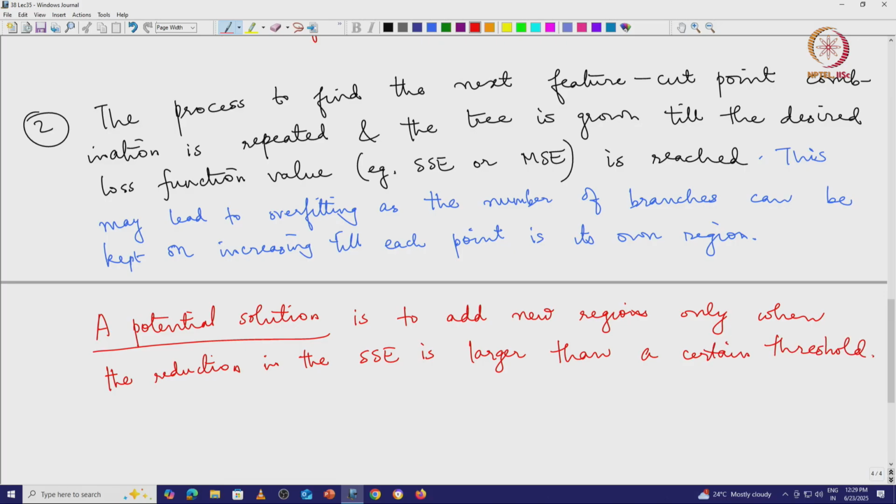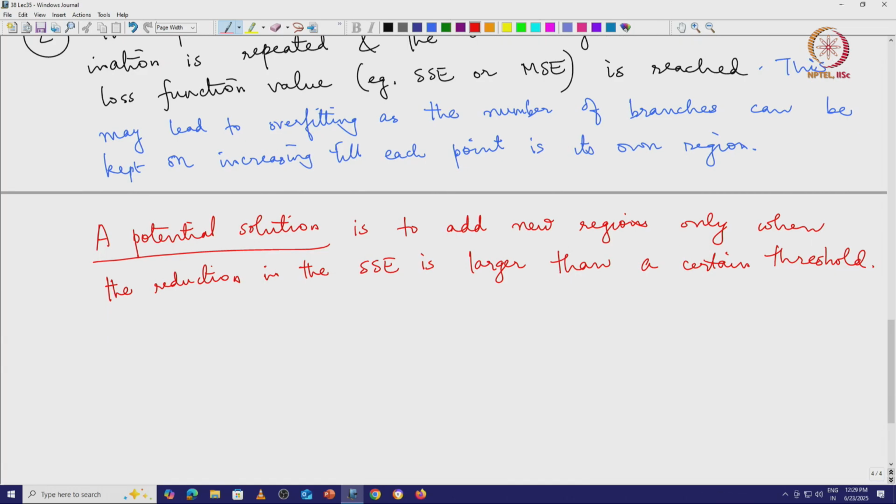Only when your SSE decreases by a significant amount will you try to grow the tree by adding that feature cut point combination.